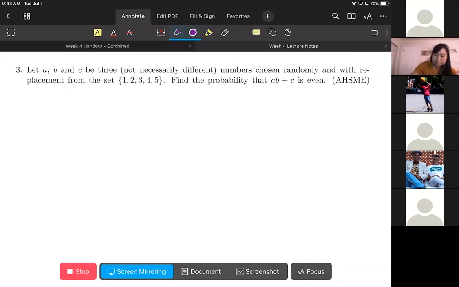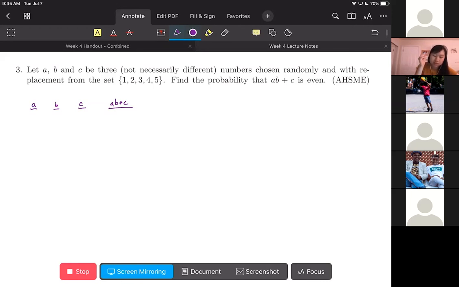If we take the multiplication, an even number times an even number gives an even value, and then we add another even value to it. And then we have the multiplication producing an odd number, and if it produces an odd number, then we have to add another odd number to it to produce an even value. And then those could be our different cases, and then we'd experiment using the numbers we were given.